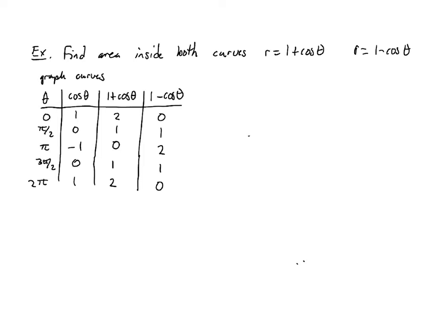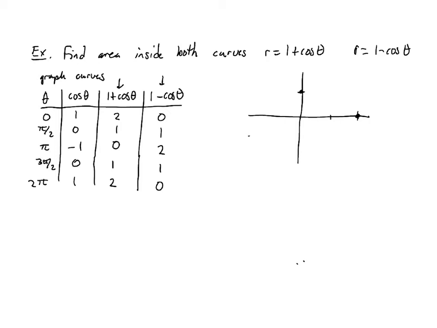And so if I plot those curves on the same coordinate system, remember these two columns are giving my r values for the two curves. For instance, when theta equals 0, my first curve has r equals 2, so I have this point here. And when it moves to theta equals pi over 2, I have r equals 1, which is occurring here.